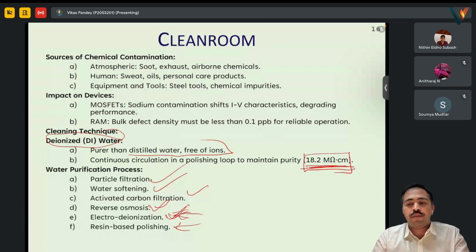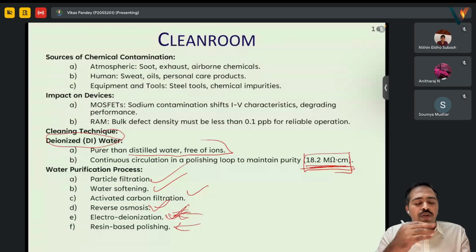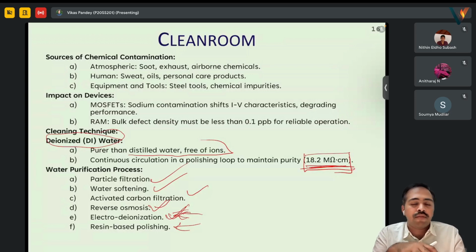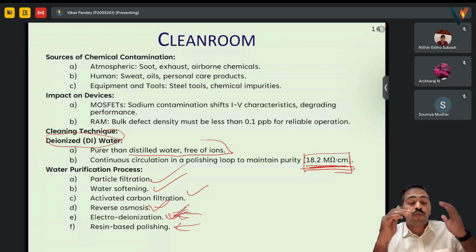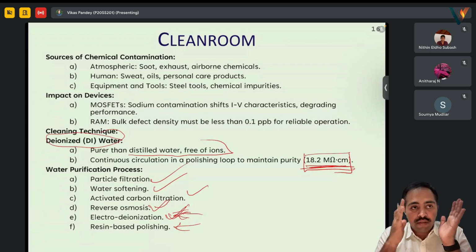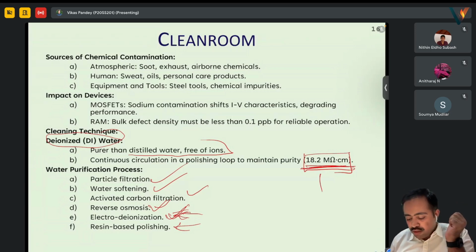Okay, so we are continuing from where you were able to hear me. We were talking about clean room, and the next thing, water. So we are maintaining a very low ion content, and we are trying to get close to this 18.2 mega ohm centimeter.